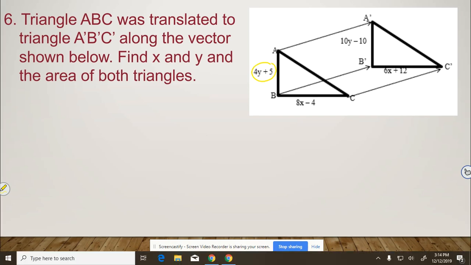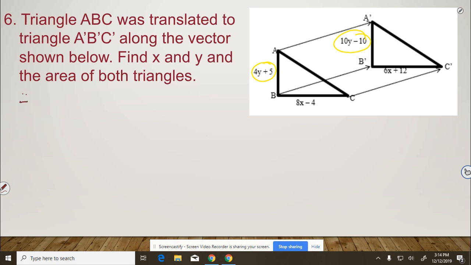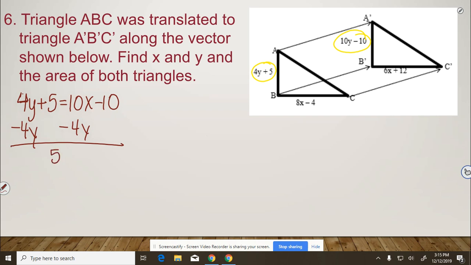So we can set 4y plus 5 equal to 10y minus 10. We subtract 4y from both sides.